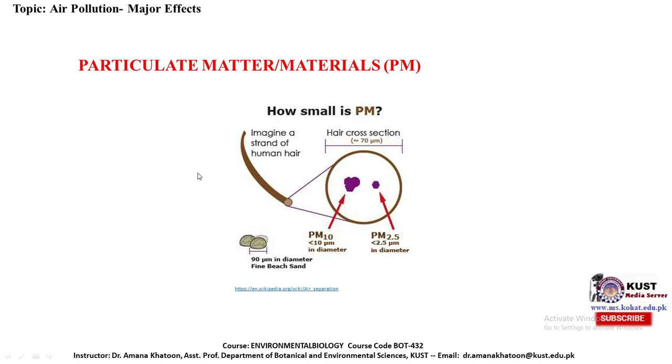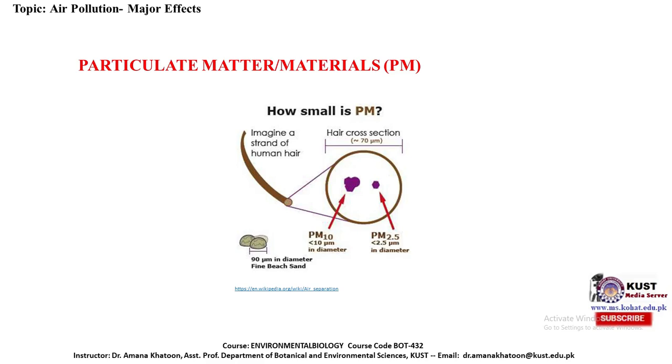Next one is the particulate matter, commonly known as PM. Now students, maybe this is a new term for you. So first please understand what the particulate materials are. Actually they are very small in size, that's why they are known as particulate matter.